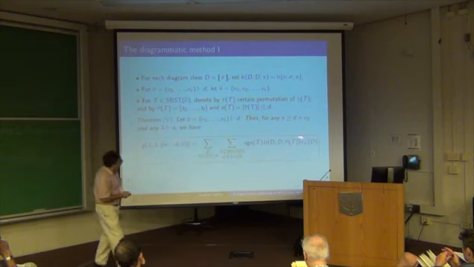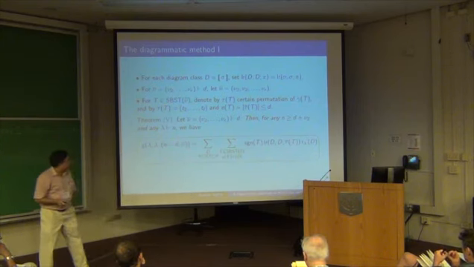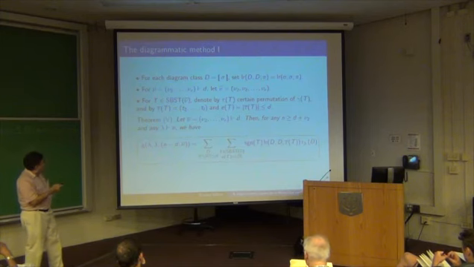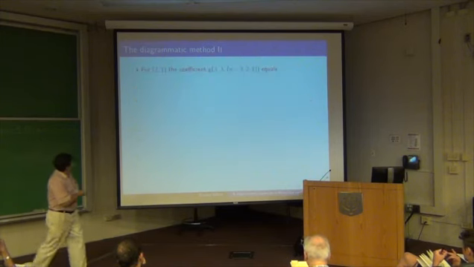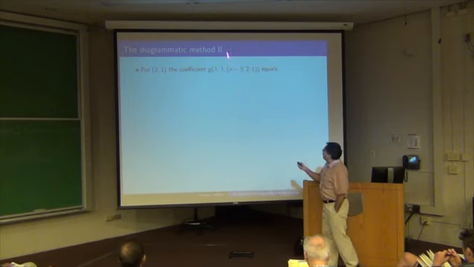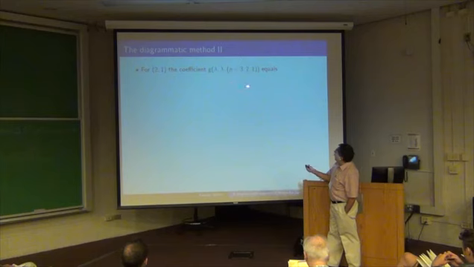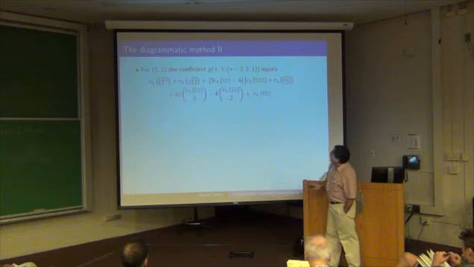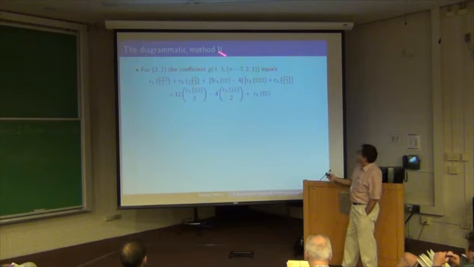And it will depend on lambda, but in a nice way. Let's look at one concrete example of this formula. Take the partition mu bar equal to 1, and then I would like to compute this number, g lambda lambda (n minus 3, 2, 1). Well, it equals this polynomial.